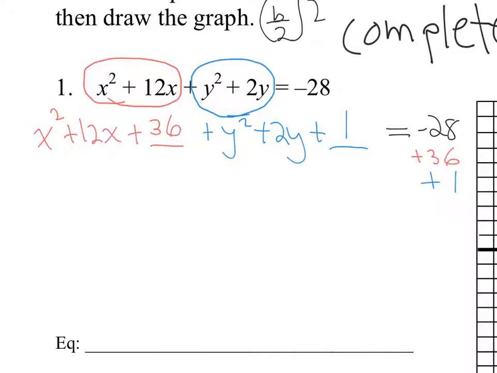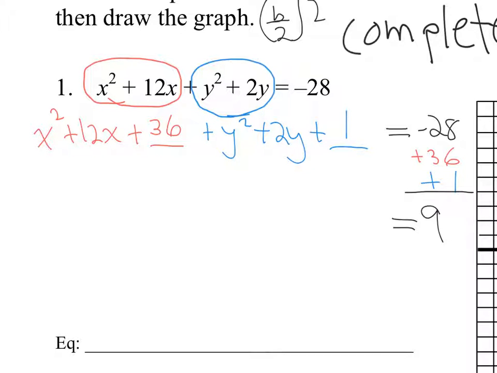So what do we get when I add up all these numbers? Negative 28 plus 36 plus 1. Negative 28 plus 36 is 8, and then 8 plus 1 is 9. So we have it equaling 9.